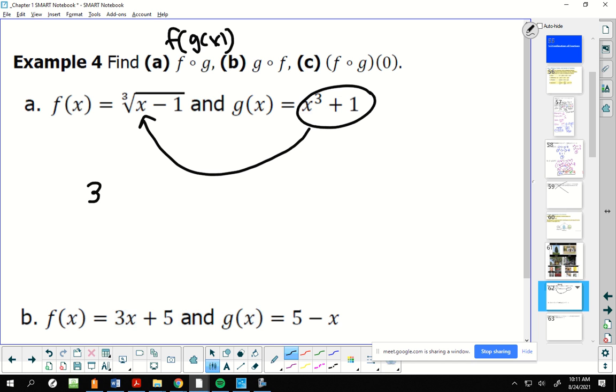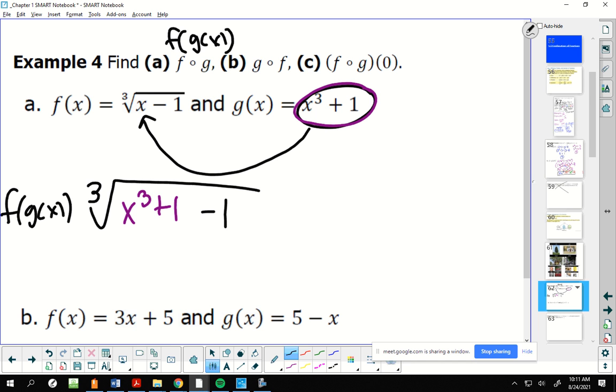So that gives us the cubed root of x cubed plus 1, and then minus 1. Right, let's simplify this. 1 minus 1 is 0. So you get the cubed root of x cubed, which just is x. Okay? Cubed root and cubed cancel, so we just get x.